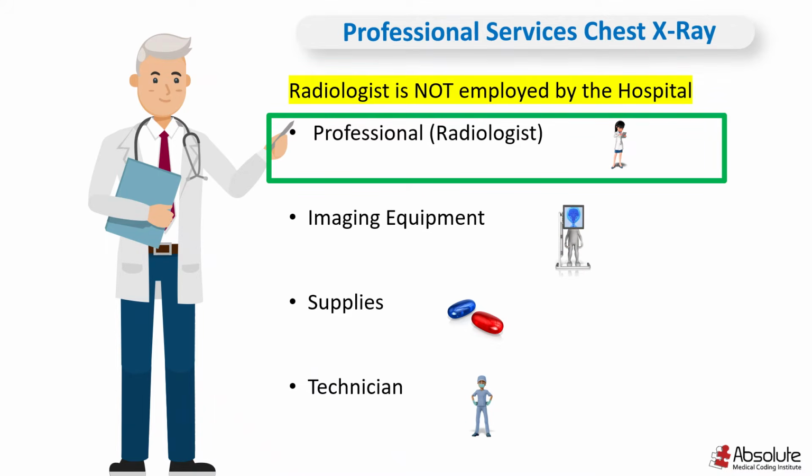So, how do they get paid when they provide the professional services for that chest x-ray? Well, they bill that code 71045 and they append the 26 modifier for the professional component of that code. So it broke out just the professional piece of that code, and that's how it's done.